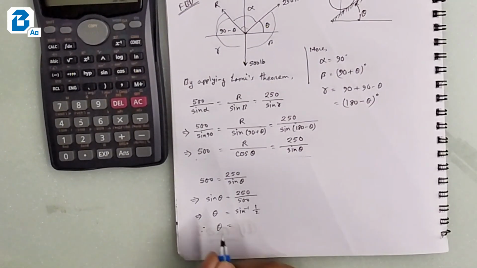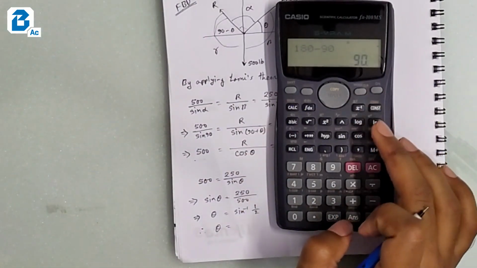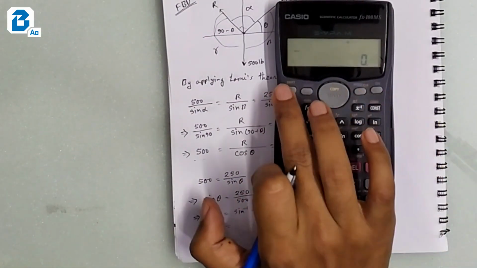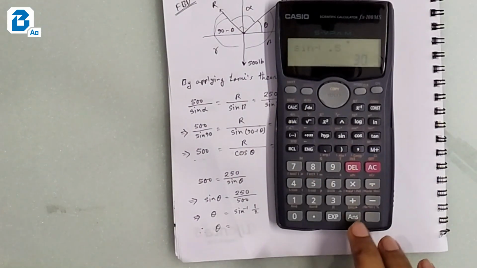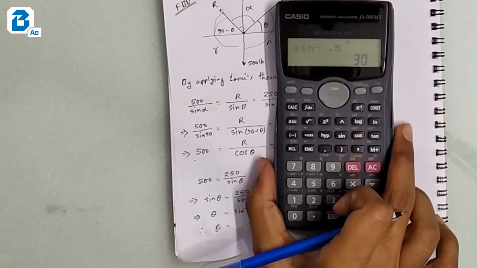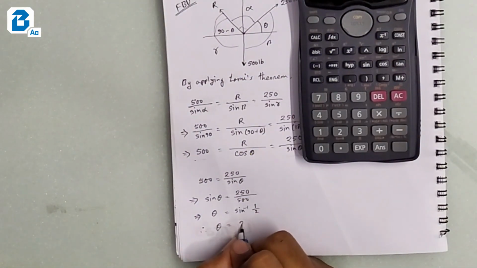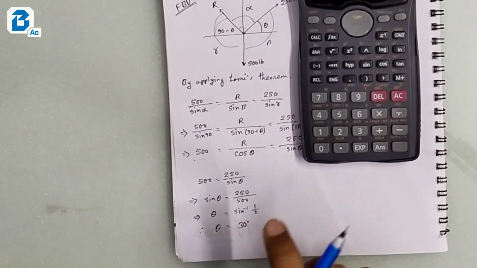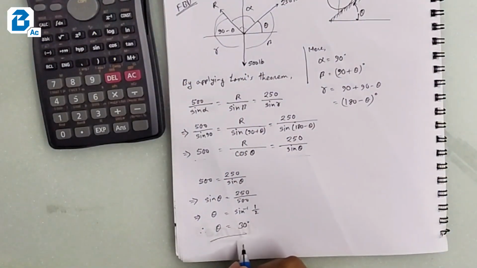So the theta will be sine inverse 0.5. We get theta equals 30 degree. So the inclination of the plane is 30 degree.